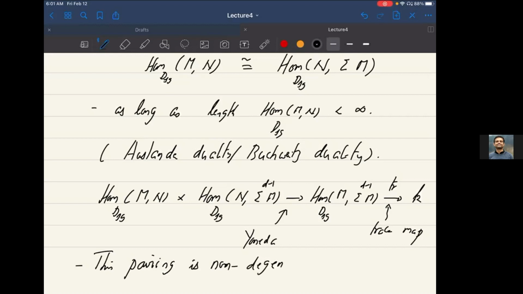And the content of the theorem is that the induced pairing is non-degenerate. The interesting thing is that finding an explicit description of this trace map in concrete situations is a very interesting and non-trivial problem. So Daniel Murfet wrote down this trace map when you're dealing with hypersurfaces.